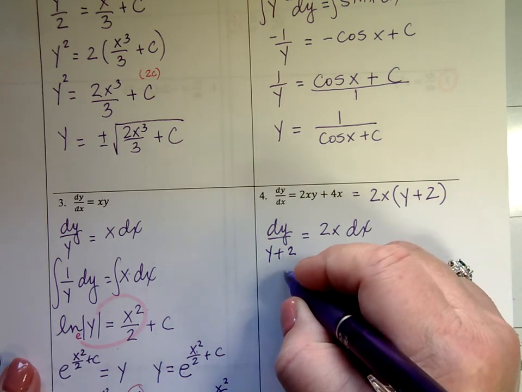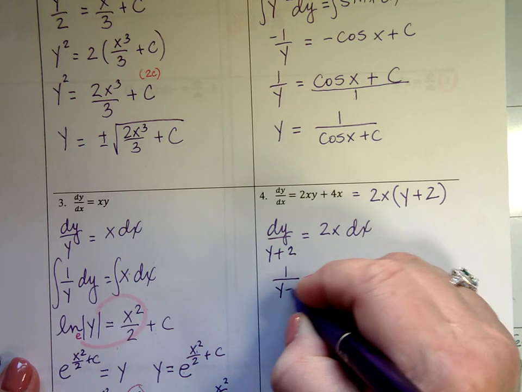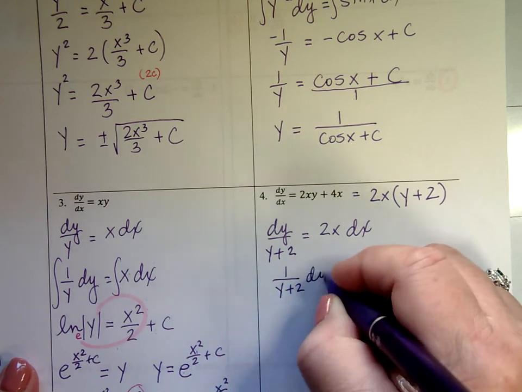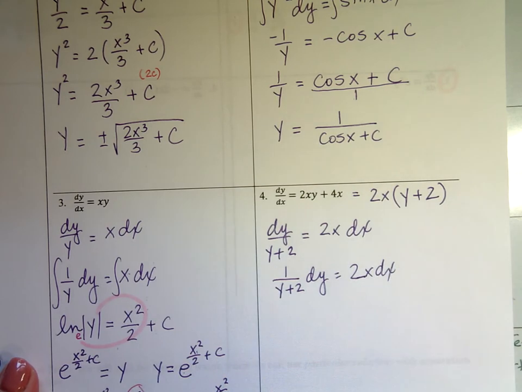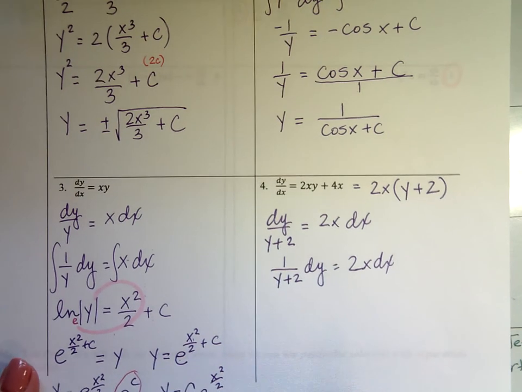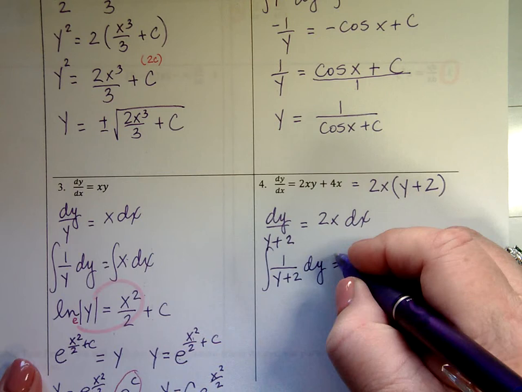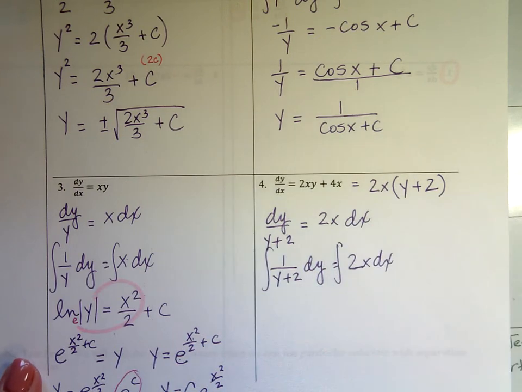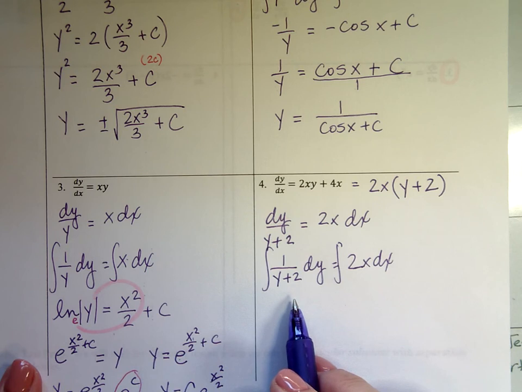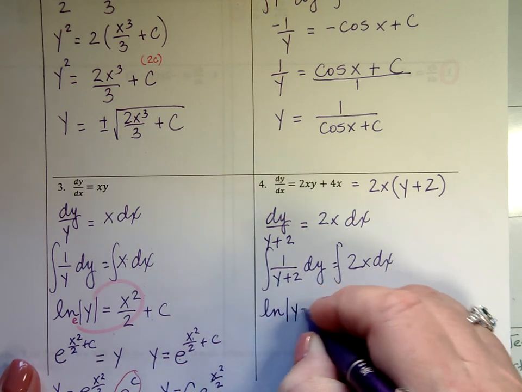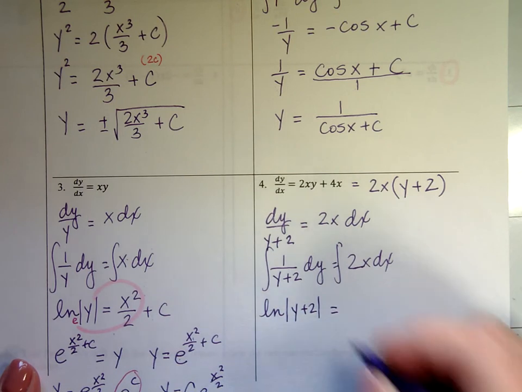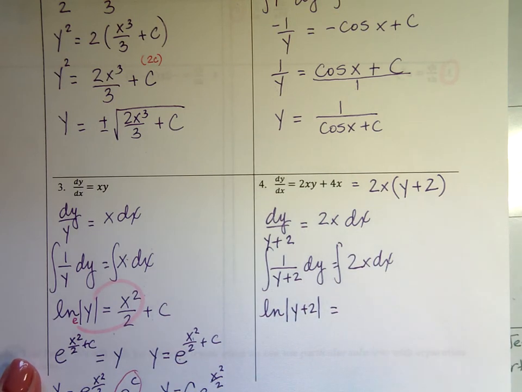This is 1 over y plus 2 dy equals 2x dx. And now I can integrate both pieces. Integrate, integrate. Well, this guy actually is again an ln, right? 1 over something. So the ln of y plus 2. Usually when you take those ln's, you always keep them in absolute values because you can't take the ln or a log of a negative number.